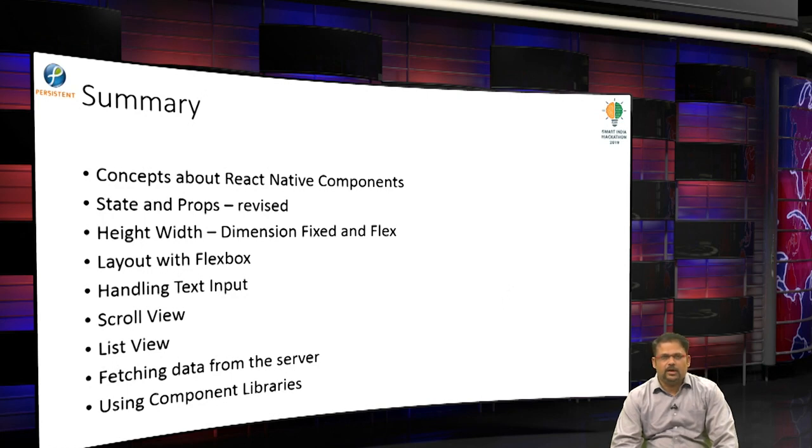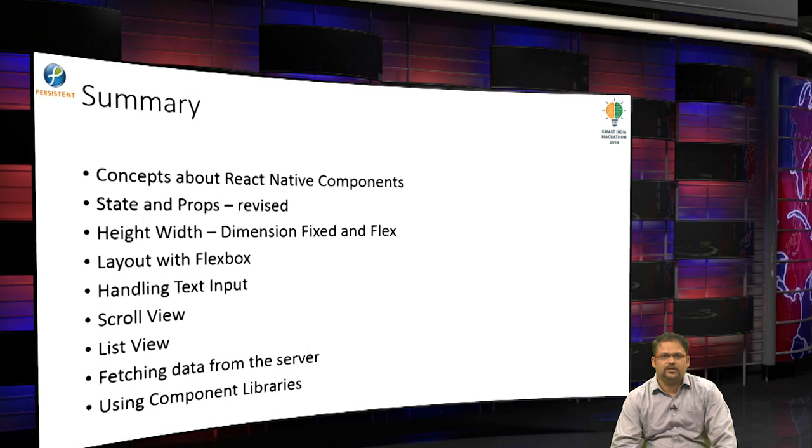Then we talked about layout with that flexbox, where we discussed flex direction, justify content, align items. After that, we went for handling text input, which is again one of the elements or kind of tag available for native apps. Then we discussed scroll view, pros and cons related with that.